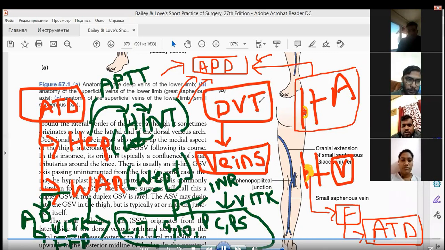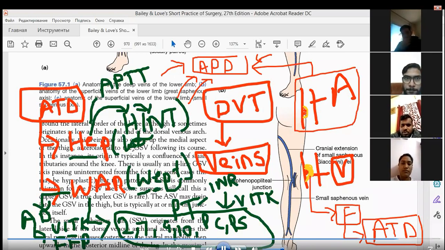For example, a patient is having DVT. You are treating it with heparin. First of all, you have to give IV heparin to the patient. Then you will bring the patient to warfarin. But when you are giving warfarin, you must check the PT levels of the patient. And the antidote for it will be vitamin K or fresh frozen plasma.